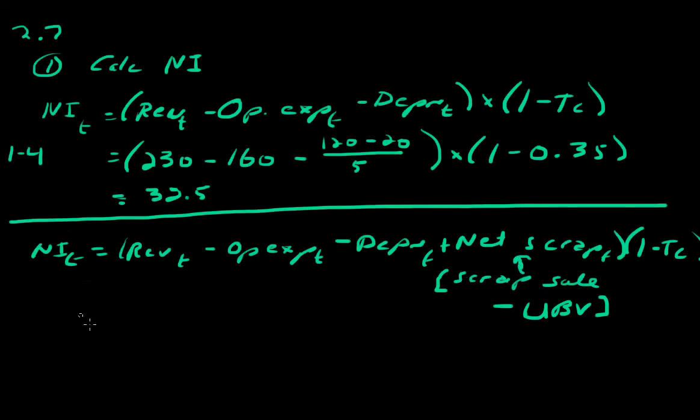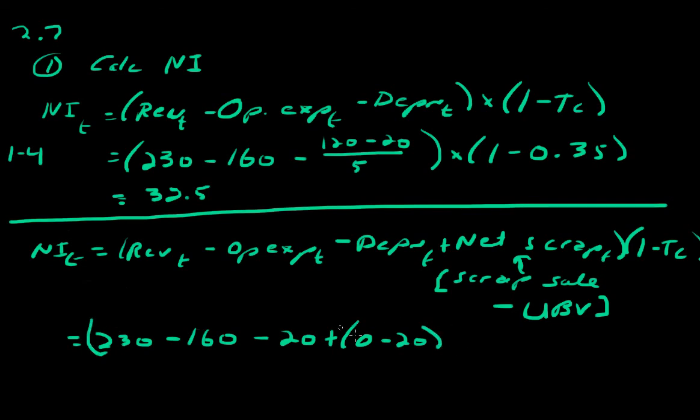Now we can plug in. Our revenue in this final year is still 230, operating expenses the same, depreciation is the same, 120 less 20 divided by 5. Then our assumed sale price is 0, because we weren't told otherwise. We still had the undepreciated book value of 20.